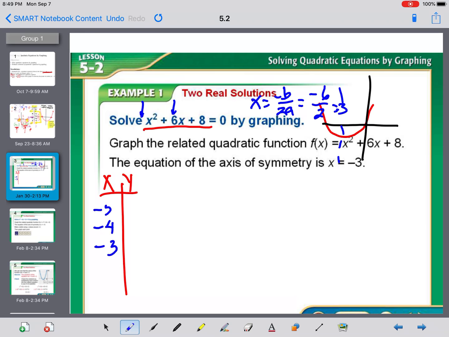It's at negative 3, which means the axis of symmetry is over here at negative 3. So I need to know what's going on at negative 3, negative 4, negative 5, negative 2, negative 1. And that puts what I already know is the vertex here in the middle. Hopefully that is pretty clear to you, because it's pretty neat how that works.